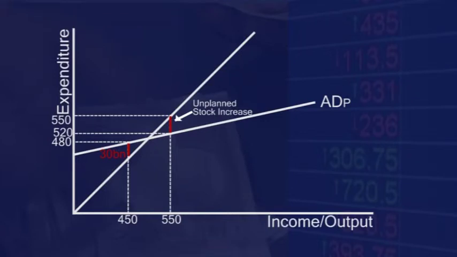And the second thing to see is that the economy will always tend to move towards this level of national output, because if there's a different level of output being produced, unplanned stock falls or unplanned stock rises will cause firms to change the level of output and adjust the economy to that particular level. This is the level of output which is equilibrium in the economy.